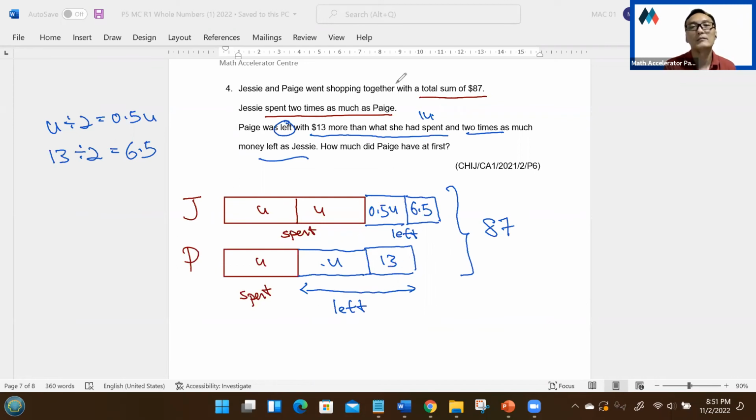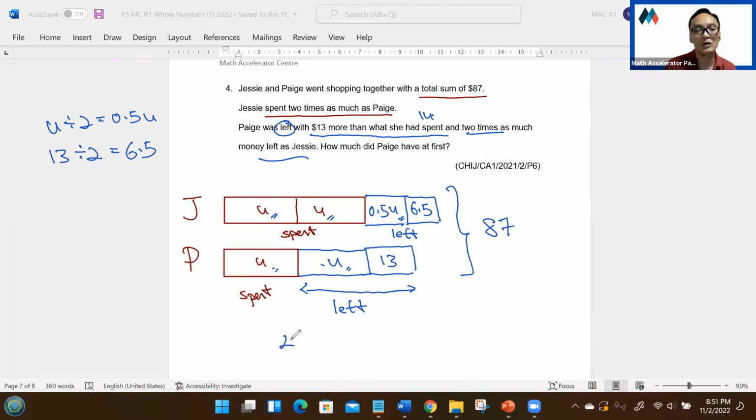You need to add this and this as well. Don't forget, how many units are there in total? You forgot the 0.5. Right, Douglas, you're correct. So here we have 1 unit, 2 unit, 3 unit, 4 unit, and half a unit.